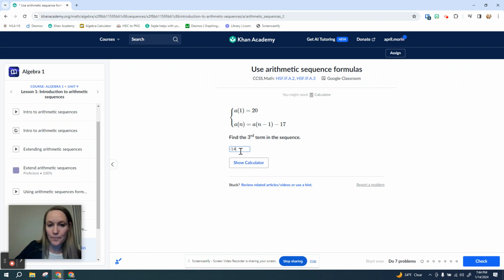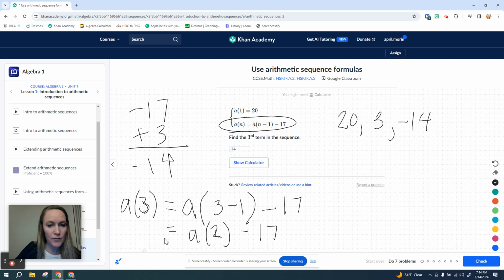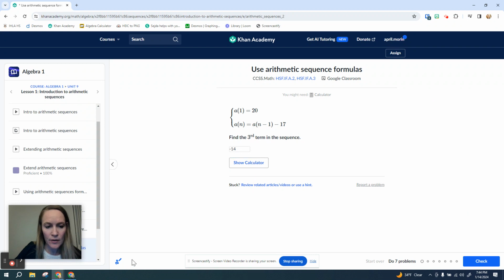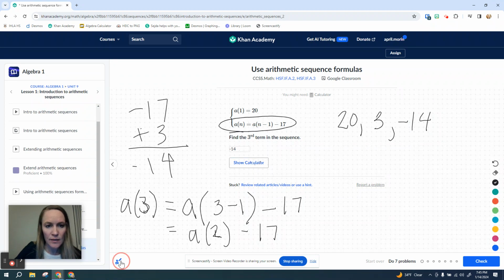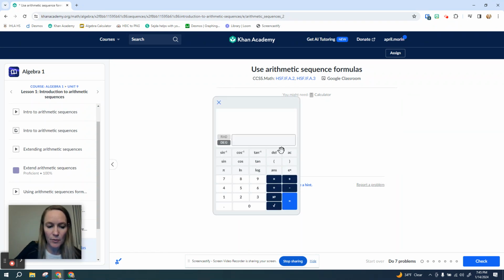Negative 14. Oh, it even has a calculator, right? So we could have just shown the calculator. Negative 17 plus 3. And that's negative 14. So that should be it.